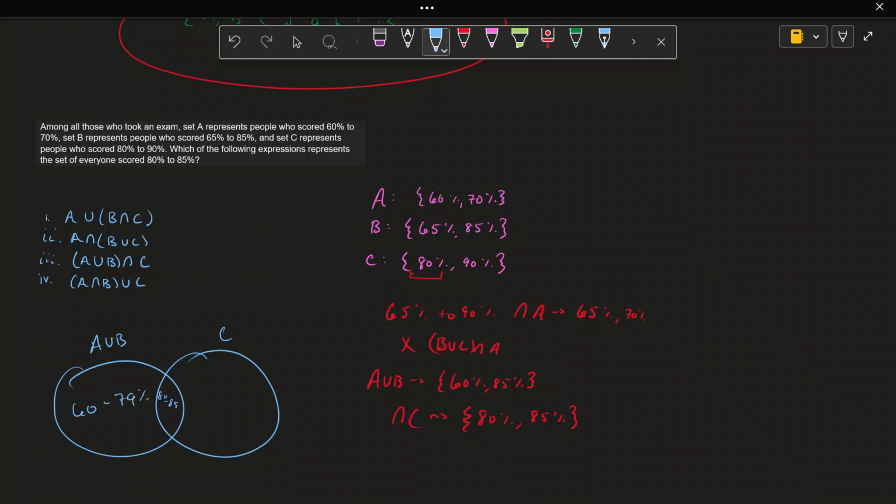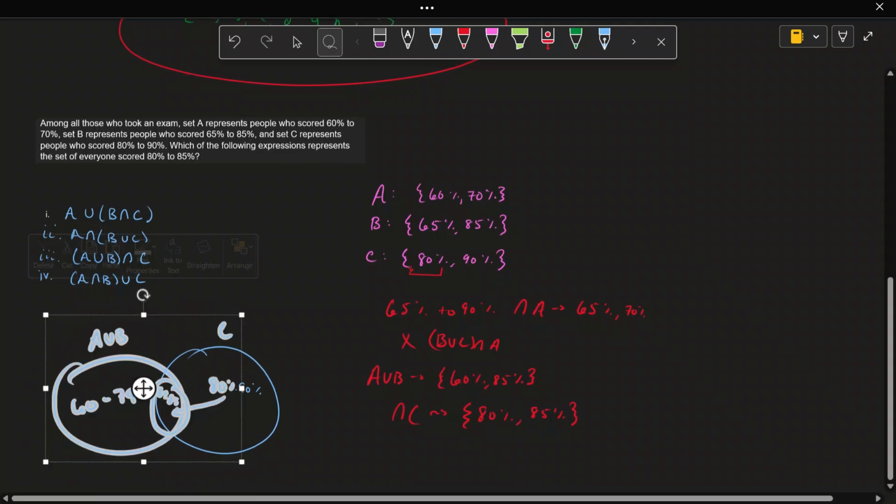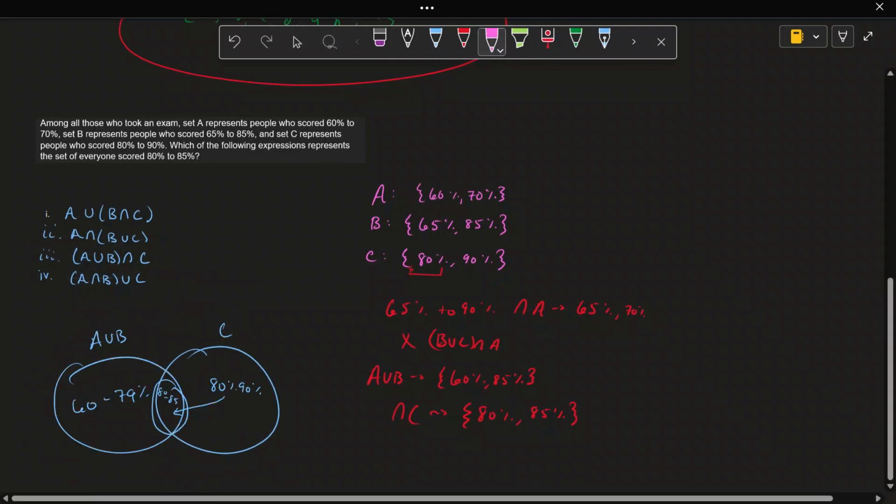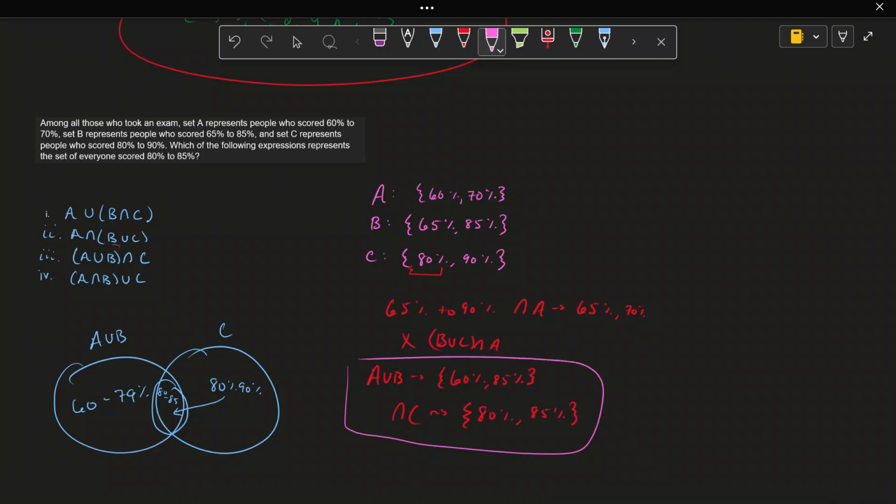And then A or B shares in common with C, because C is from 80 to 90%. It shares this 80 to 85 range. So that's what we're going to end up having at the end. They share 80 to 85%. So the answer will be A or B and C.